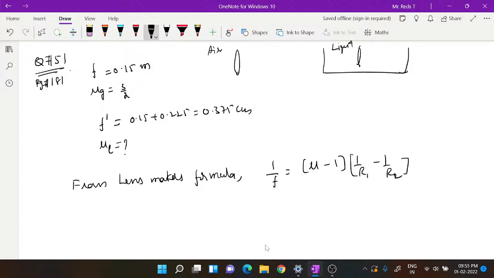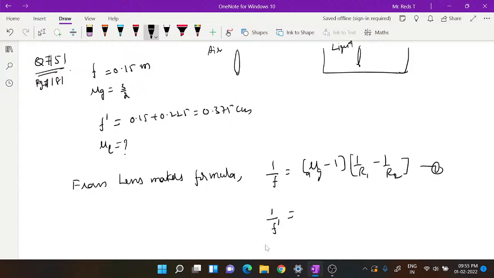The lens in air and the lens in liquid are the same, so the radii of curvature will be the same. When it is in air, we take the refractive index of the glass with respect to air. This is equation 1. So the focal length is f in this medium, whereas in a liquid, its focal length becomes f dash.